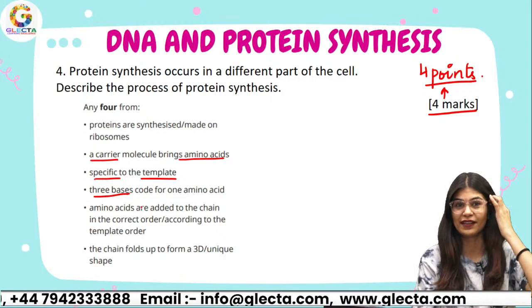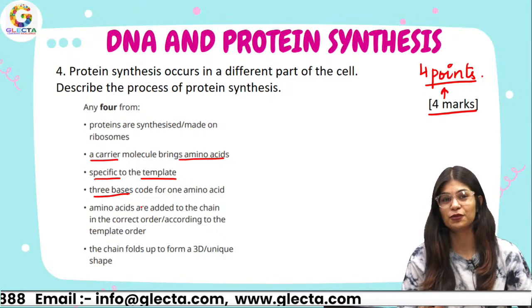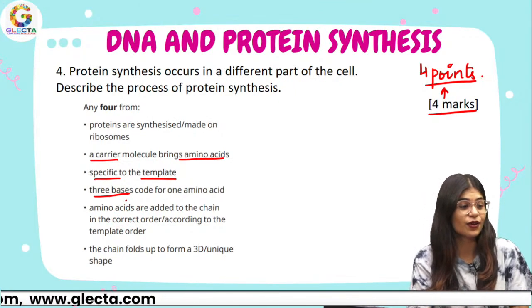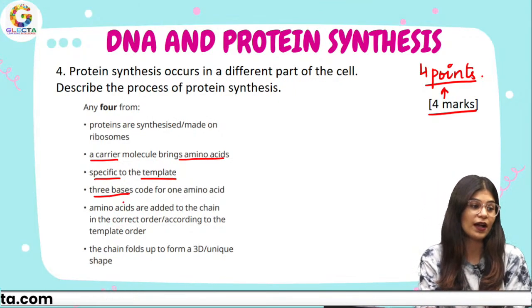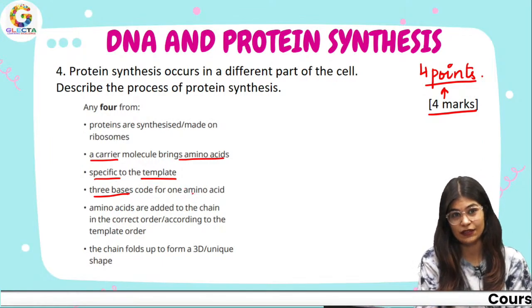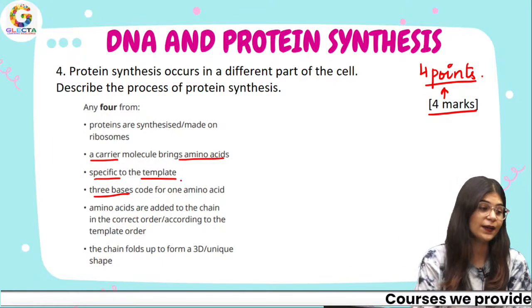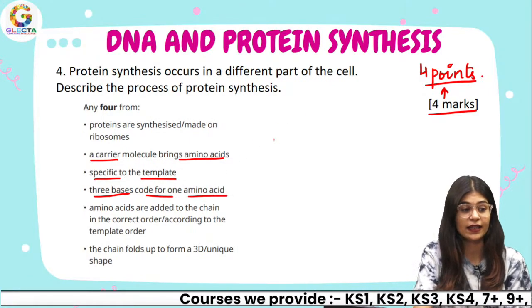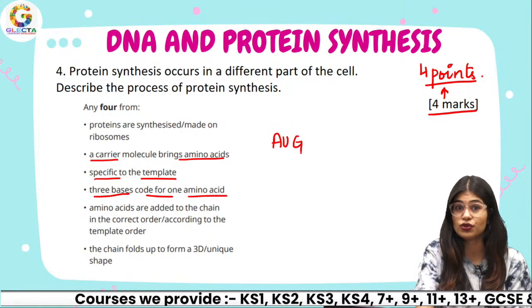Okay, let's move on and let's keep it connected. So we were saying that we have a specific template, which is my mRNA. There are 3 bases that code for 1 amino acid, like I gave you an example of AUG.